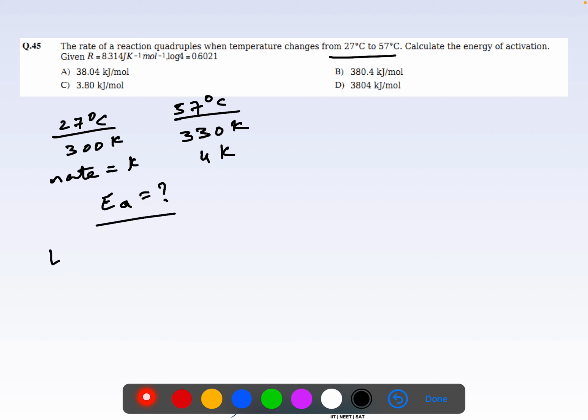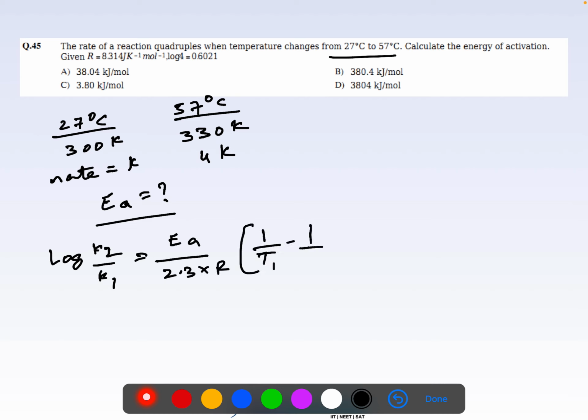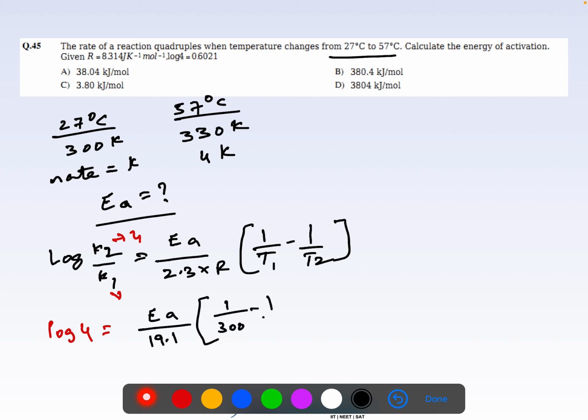From the Arrhenius equation, log K2 by K1 is equal to EA by 2.3 into R, into 1 by T1 minus 1 by T2. Here K2 is given as 4 times K1. So I can take this as log 4 equal to EA by 2.3 into R, which is 19.1, into 1 by 300 minus 1 by 330.